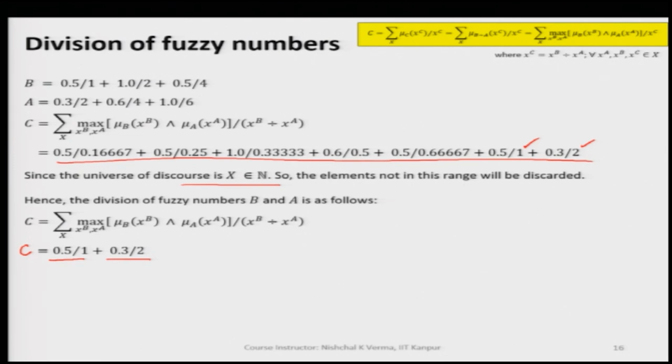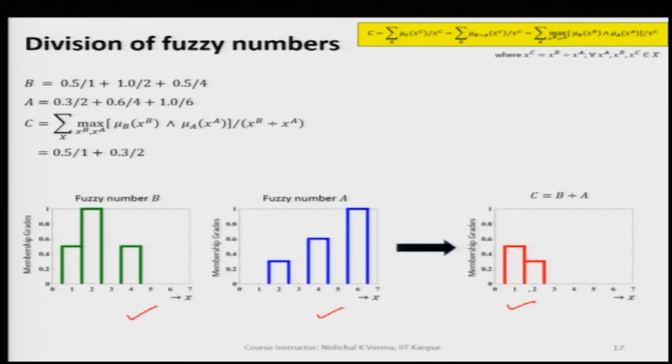So, let us now quickly see that here we have only 2 elements of C. We are dealing with the universe of discourse, which is natural number here. So, that is how other elements do not qualify, and then we are left with only 2 elements.